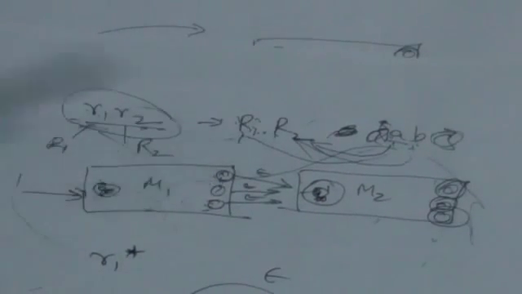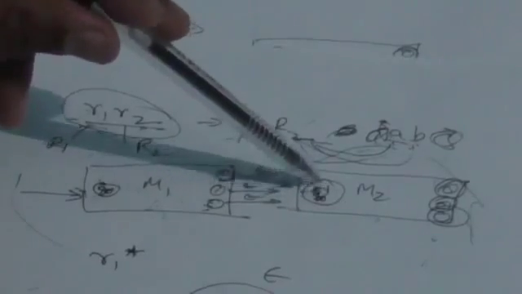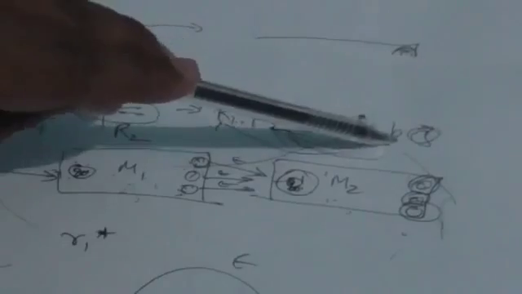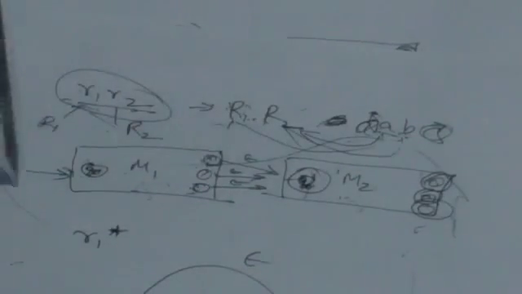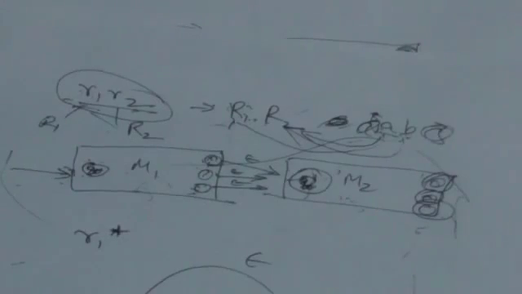Here they are non-final states. And without reading any input symbol, machine will jump to this state, which is the initial state of M2, right? And then it has to read this string B. When it reads B, it will jump to the final states of M2, which are the final states of this newly designed automata. So in this way, string AB will be accepted by this finite automata.